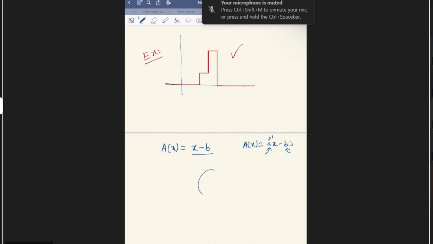Then if we design the computational unit with x as an input and b as a bias, b is the same thing, but I keep minus b instead of b.